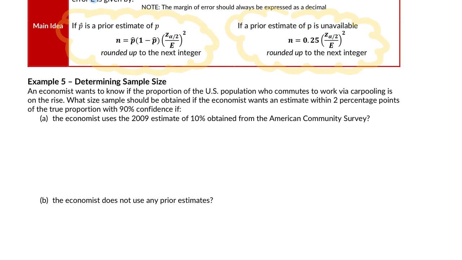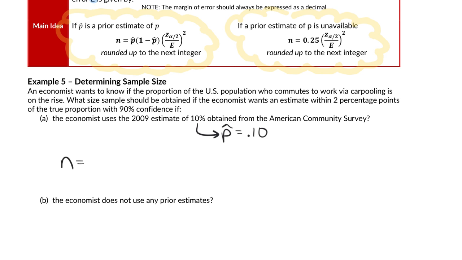So if this has already happened, that we use a prior estimate, we're using that first formula. In that first formula, we needed P hat. This is P hat, 10%. In which case, we just fill in that formula.